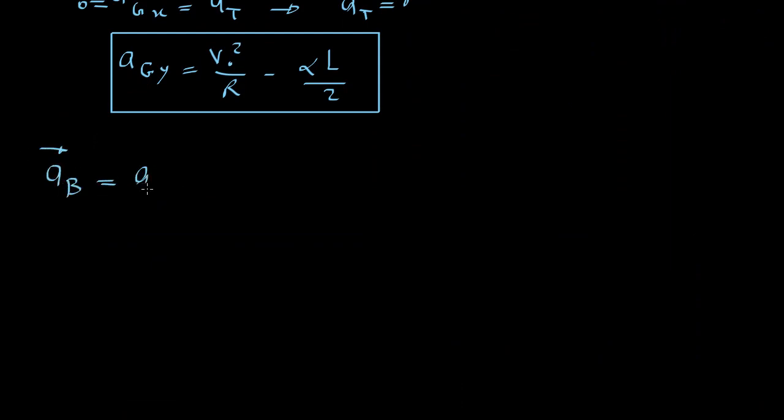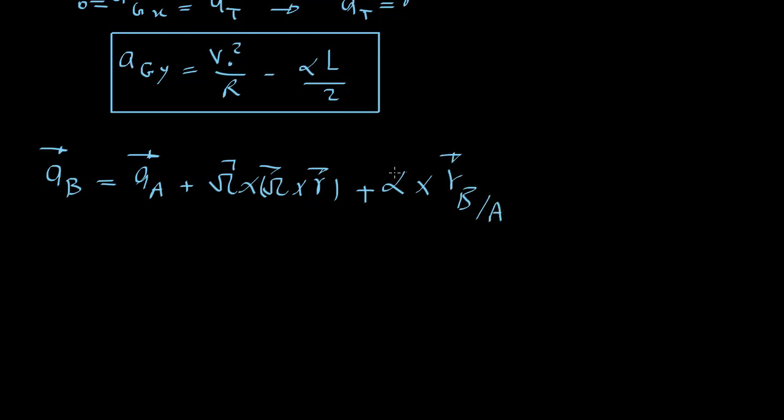AB is equal to AA plus omega cross R plus alpha cross R_B with respect to A. Again, the omega term is equal to 0 because omega is equal to 0, and we have AB equal to AA.